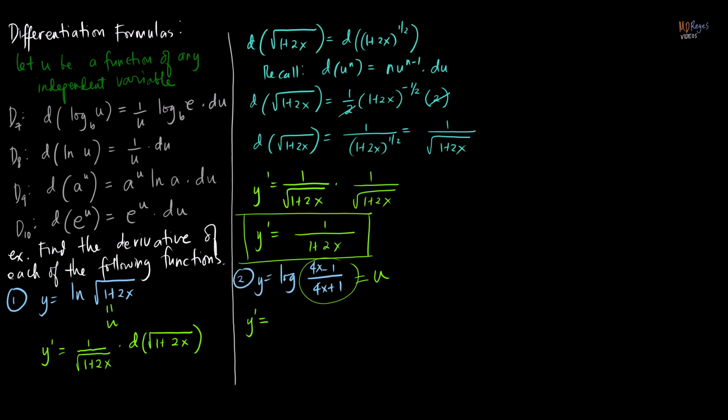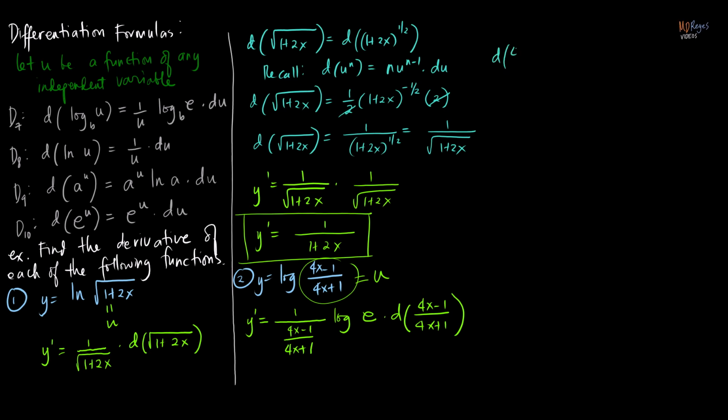So it is equal to 1 over u, that's 1 over 4x minus 1 over 4x plus 1, times logarithm of e to the base b. The base here is 10, so we don't have to write it anymore, times du, where du is the derivative of u, and u here is 4x minus 1 over 4x plus 1.